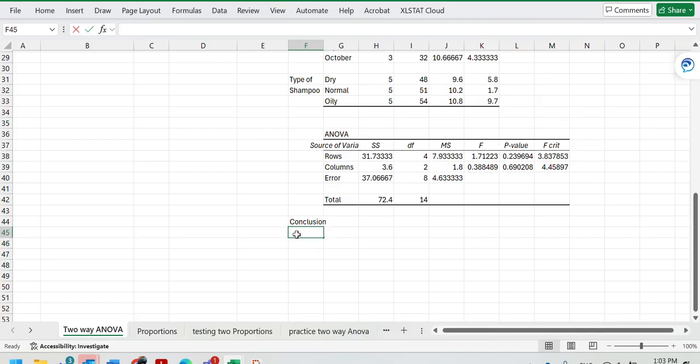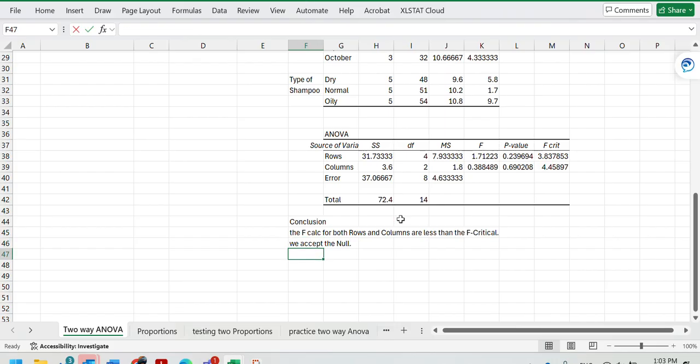Conclusion is the F calculated for both rows and columns are less than the F critical. In both cases, it is less, which means what? We accept the null. We accept the null. What does the null say?